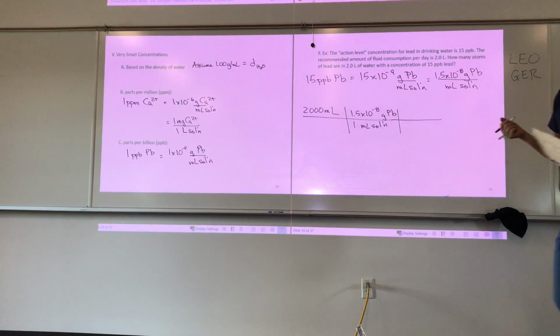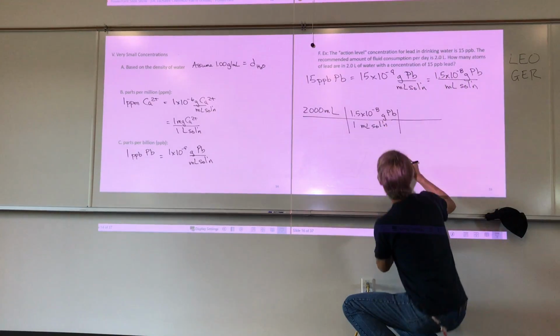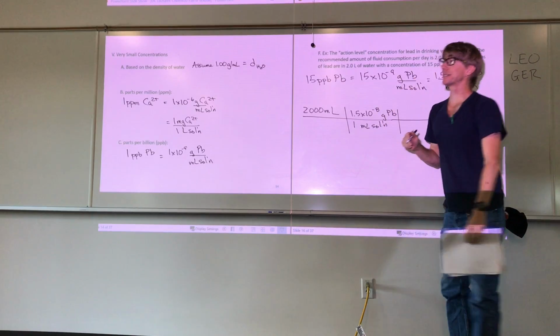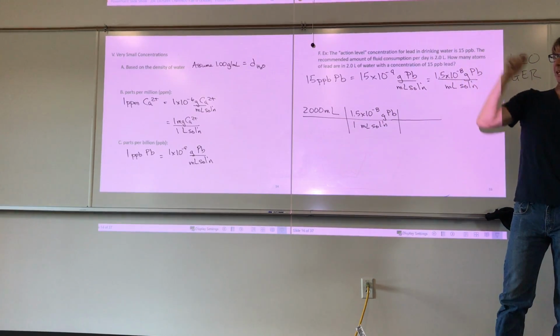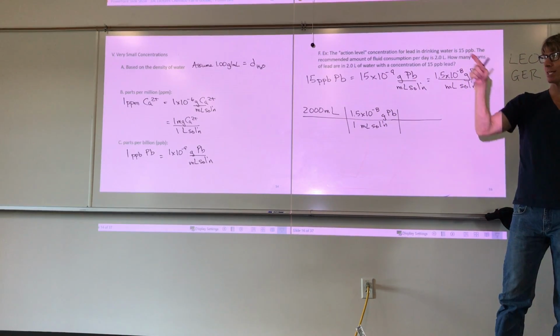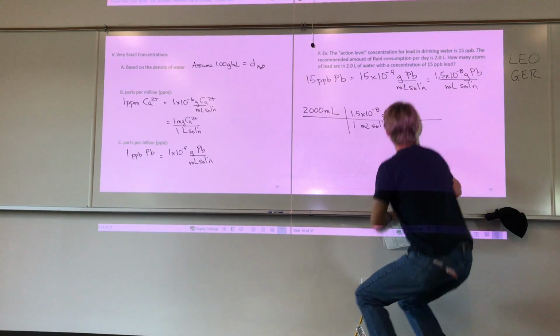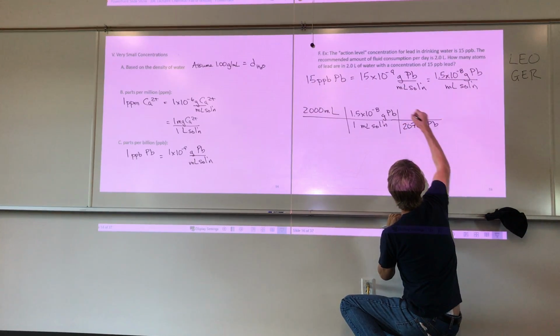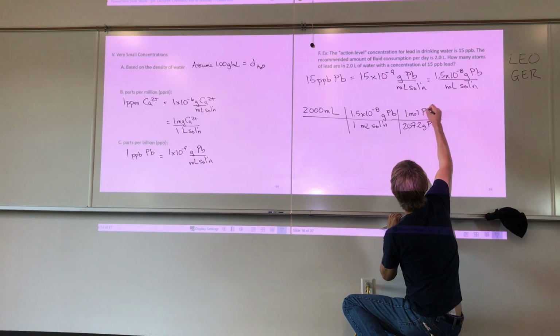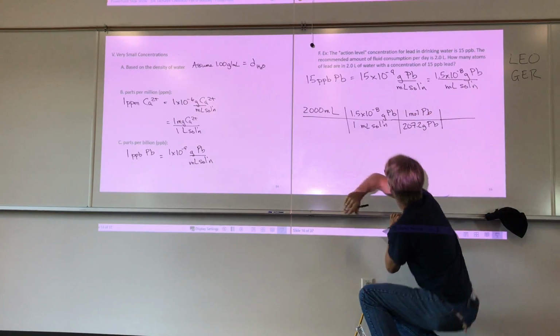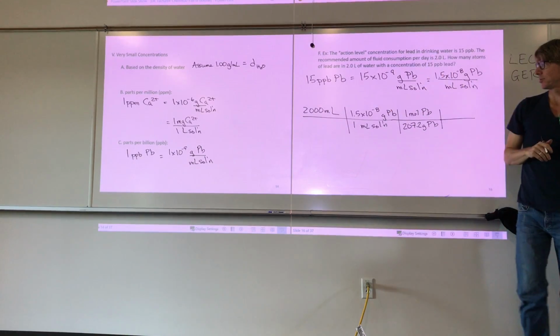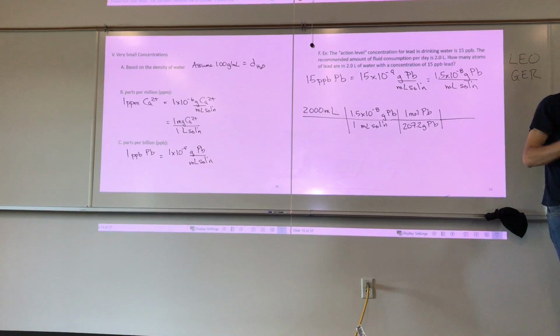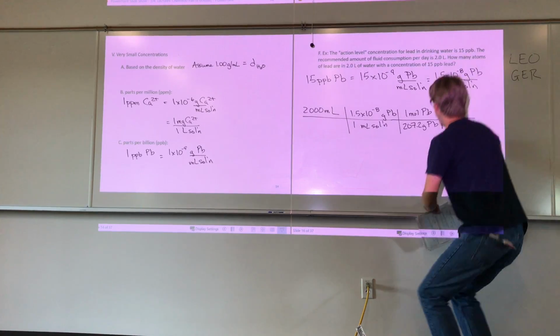If it isn't, it does come up. I look at my periodic table. I'm going to use 207.2 grams of lead per mole of lead, and then 1 mole of anything, but in particular lead, is 6.022 times 10 to the 23rd atoms.